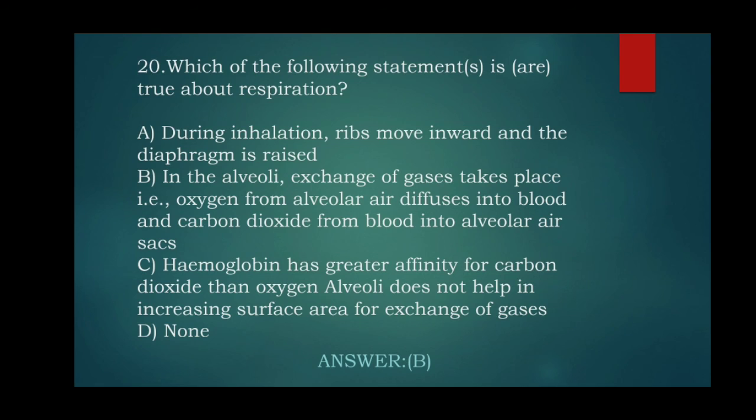Option C, hemoglobin has greater affinity for carbon dioxide than oxygen. Option D, alveoli do not help in increasing surface area for exchange of gases. So from this, we have to select the correct statement about respiration. In this, the correct option is option B.